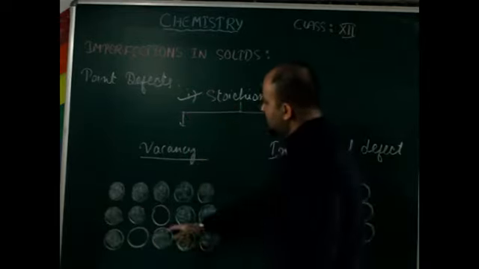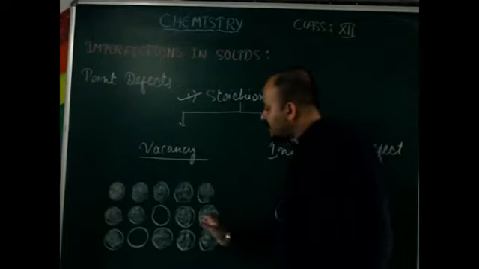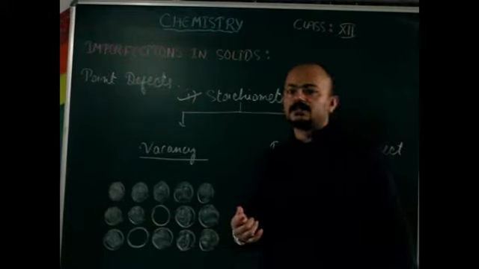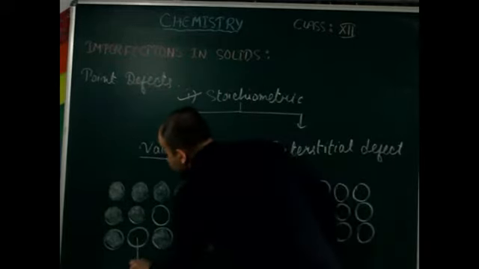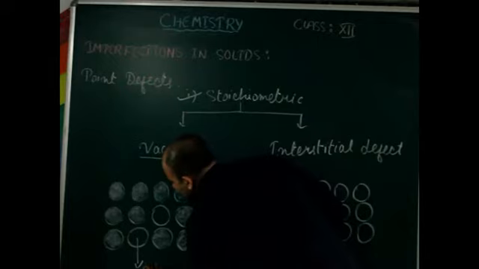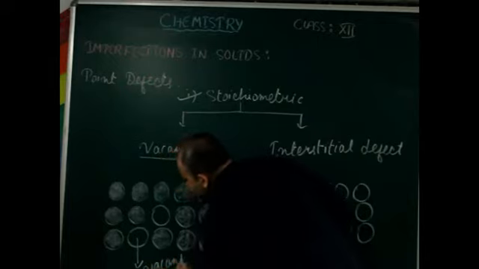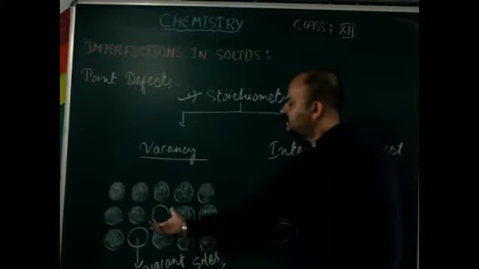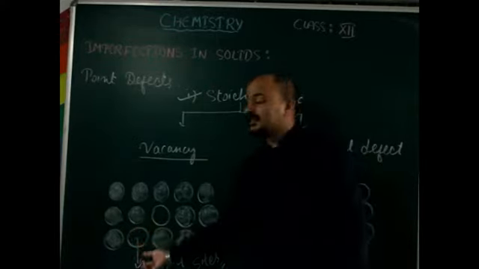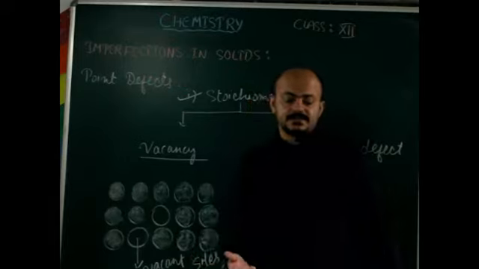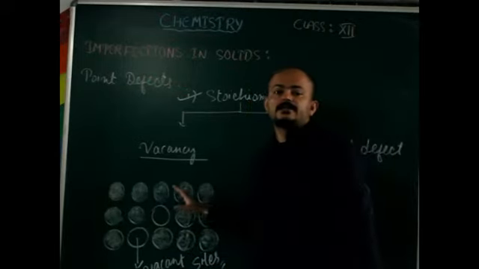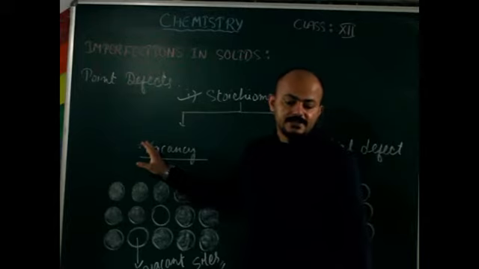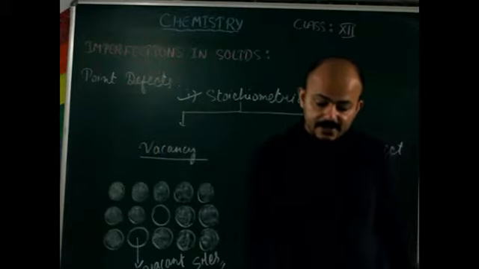Now, in this arrangement, can you see that these two positions are not occupied by the constituent particle? These two sites are known as vacant sites. And such an arrangement, in which there are some empty spaces in the arrangement of the constituent particles, gives rise to vacancy defect.